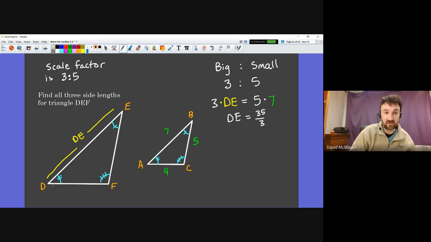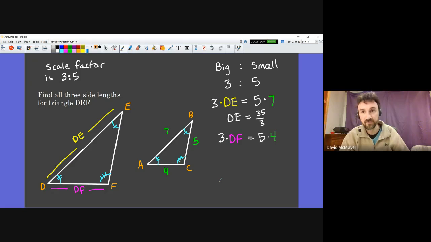Let's find the side length DF. This is the side length DF. That matches with the side length 4. So I'm going to have a DF and a 4. And then we'll use our scale factor. 3 of the big triangle side length needs to match 5 of the small triangle side length.